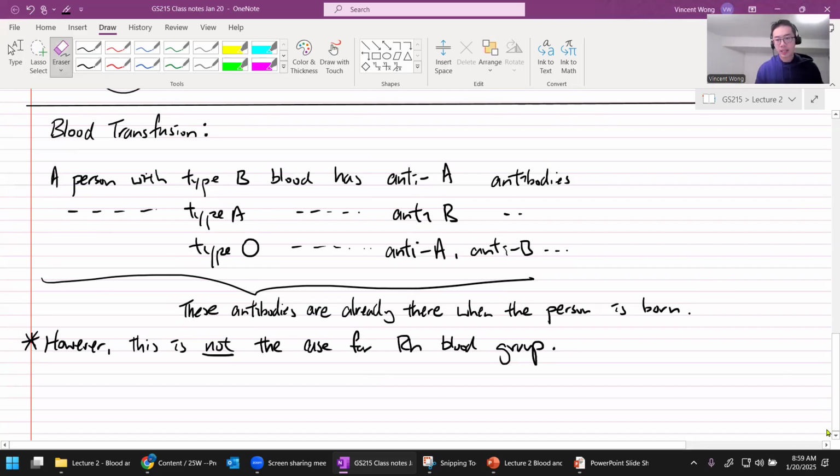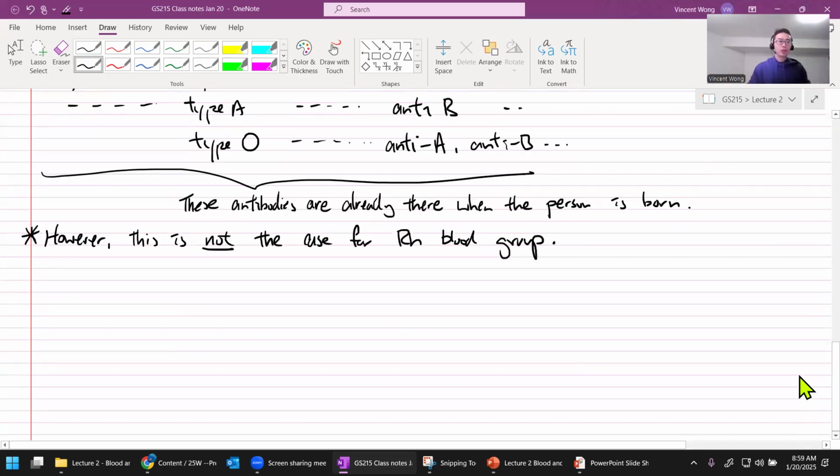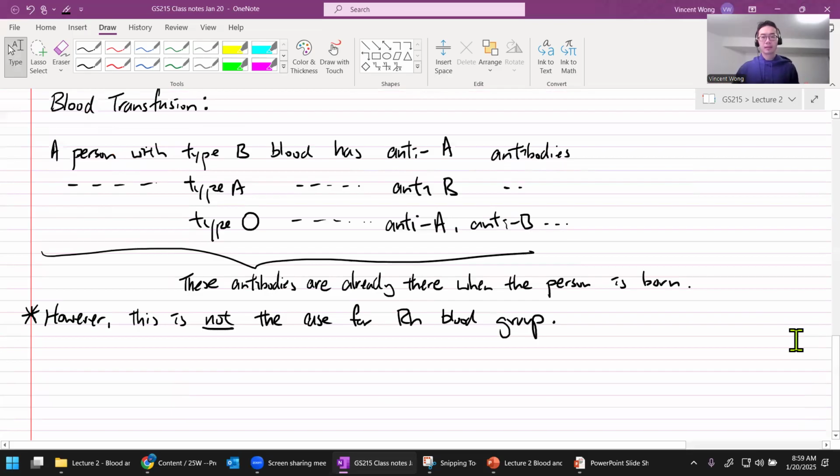Okay, I'm going to try to explain this to you. So, after you copy this, I want you to think about the following question. Who's going to be producing anti-RH antibodies?